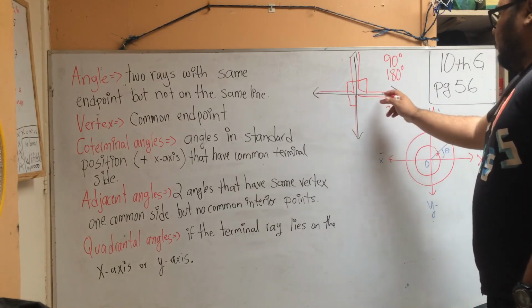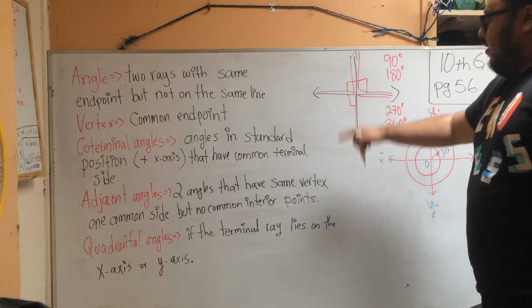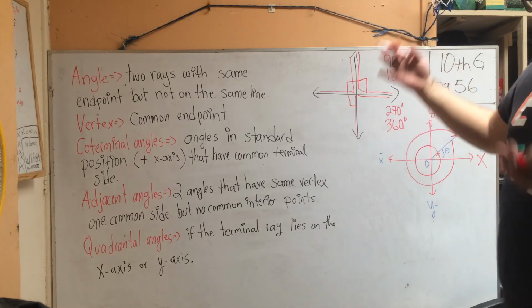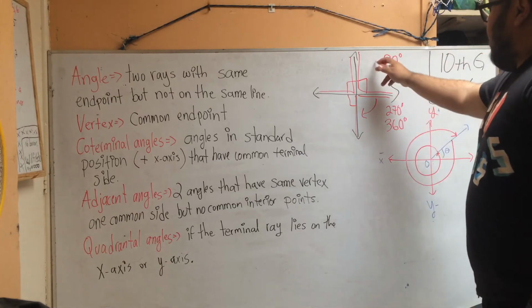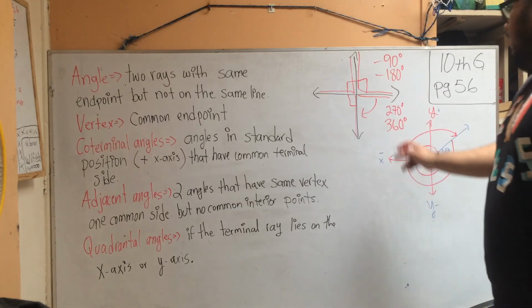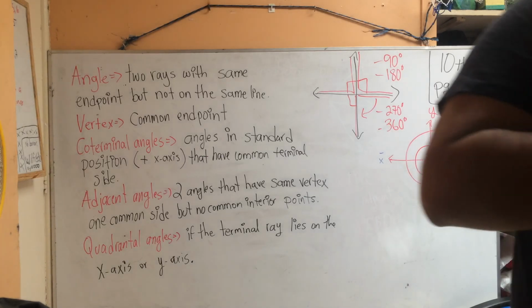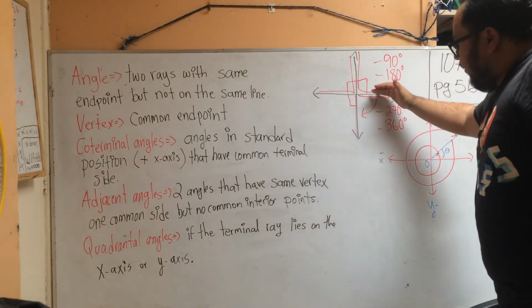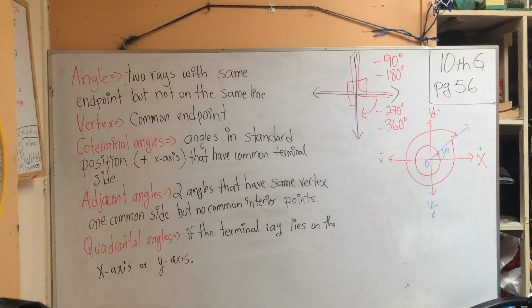And we also have this one, which would be the whole 360, because the terminal ray lies on the positive x-axis. Now, we can also have them negative. If we start from here and we measure in this direction, we're going to have a negative 90 degrees, a negative 180, a negative 270, and we might have a negative 360. So those are the quadrantal angles, the ones that lie on the coordinate plane, and it could be on the x-axis or the y-axis.